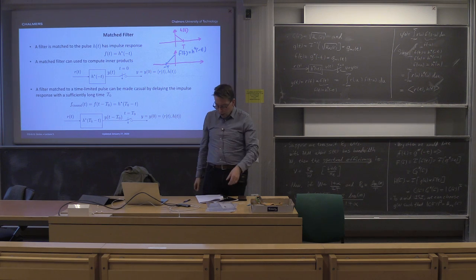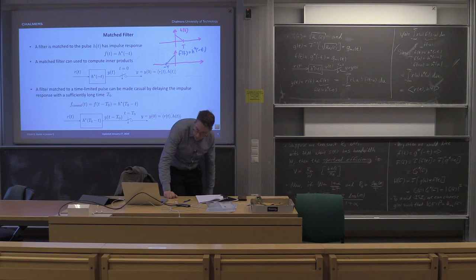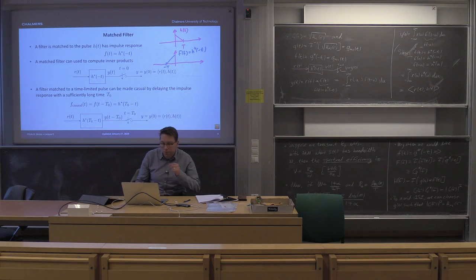The impulse response. Okay, so a filter which is matched to a time-limited pulse can also be made causal. Okay, and this is what we need for practical purposes. So by delaying the impulse response with a sufficiently long time, we can get a causal impulse response from a non-causal impulse response.